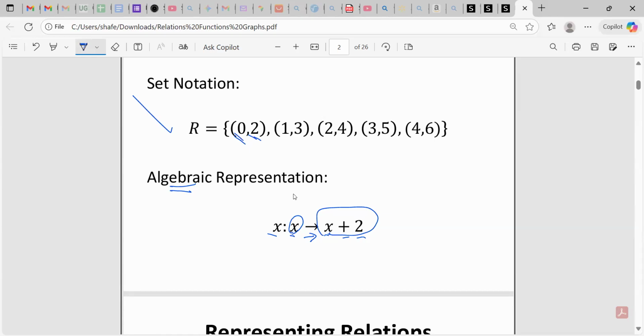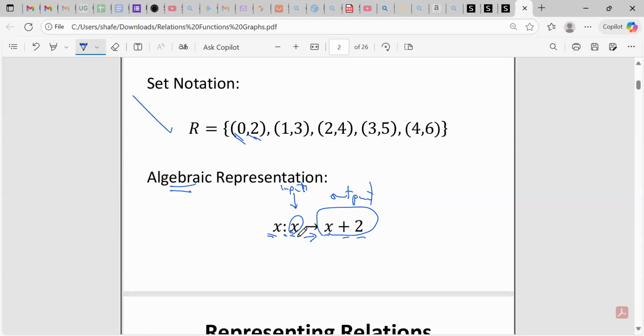So this is the input. That's the output. So the relation is defined as X is such that, that's what this colon means, X maps onto X plus 2.